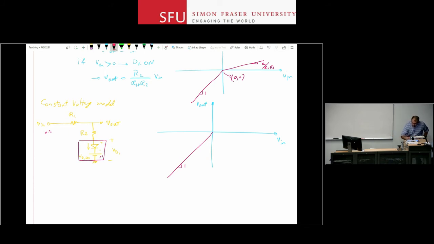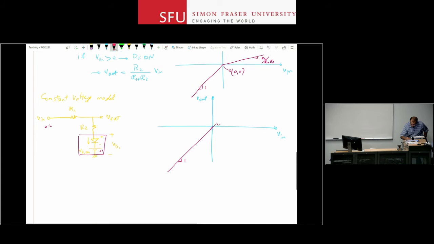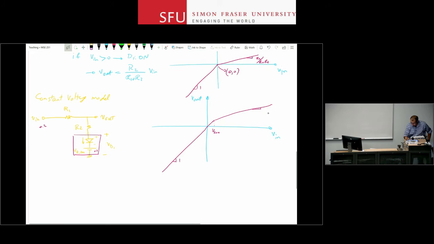And therefore this curve actually extends to the positive values of V in. How far does it go? Well, as soon as V in becomes equal to VD on, then the direction of current can switch. So for anything larger than VD on, the direction of the current can switch, and now you have your new slope here.